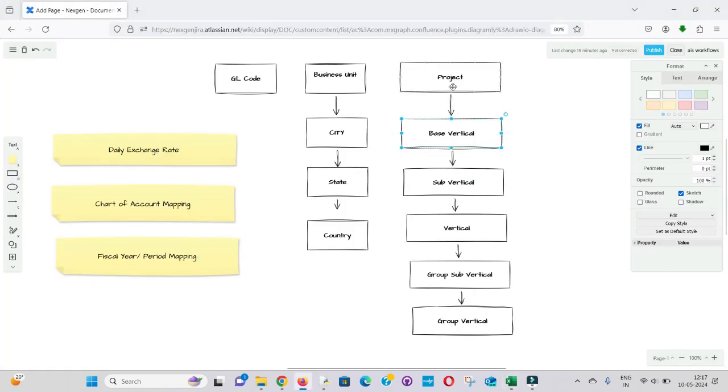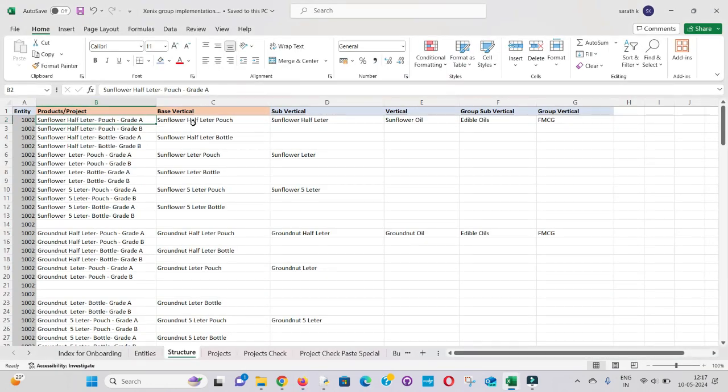And at the project level, this half liter pouch is in turn broken down into grade A and grade B.